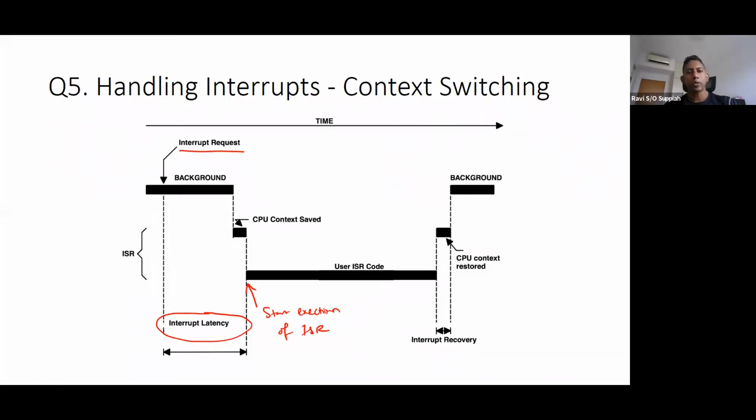One of the important things to note is that the lower the latency, the more responsive the system is going to be. And this may not necessarily be consistent all the time, because it depends on what you were doing at the time. What instruction were you executing while this interrupt request came in?